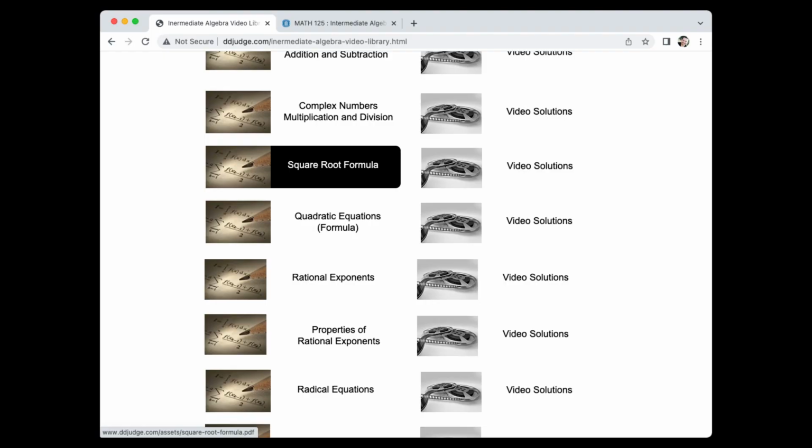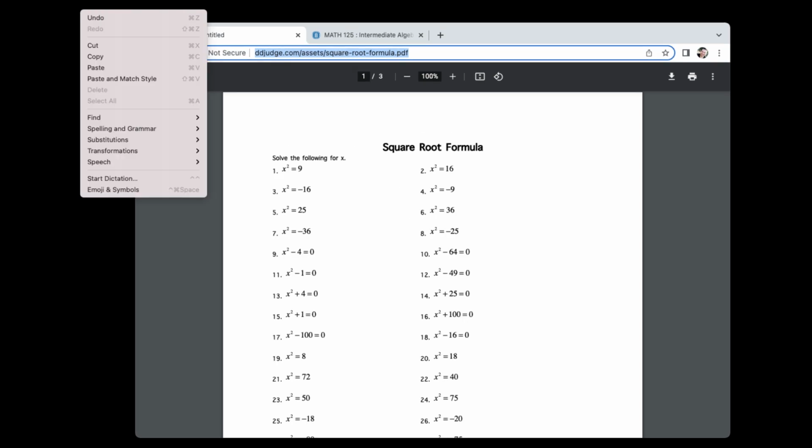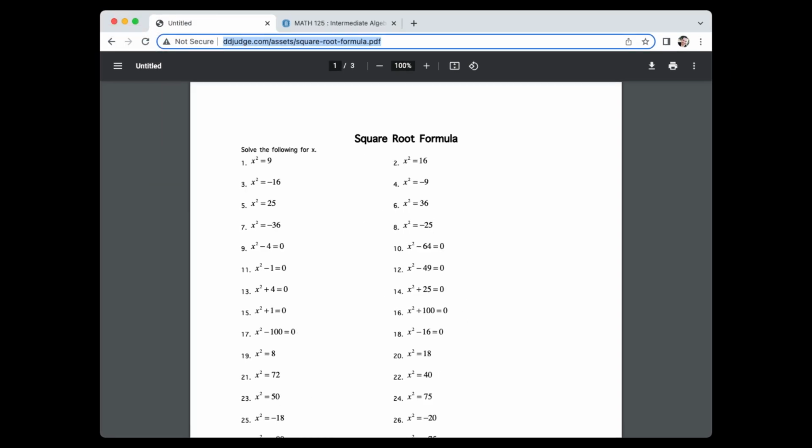Square root formula, ladies and gentlemen. Okay, square root formula. So what I'm going to do now here is paste it again there for you guys so you guys can see it.